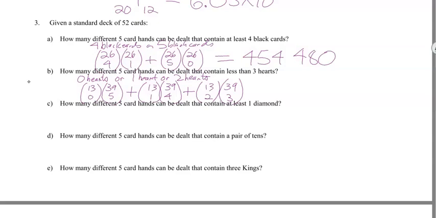And 3 cards from the remaining 39 cards. 39 is the amount of cards we have minus the amount of hearts. Yeah, so there's 13 diamonds, 13 spades, 13 clubs. There are 39 non-hearts, not a heart. And this is 2,357,862.